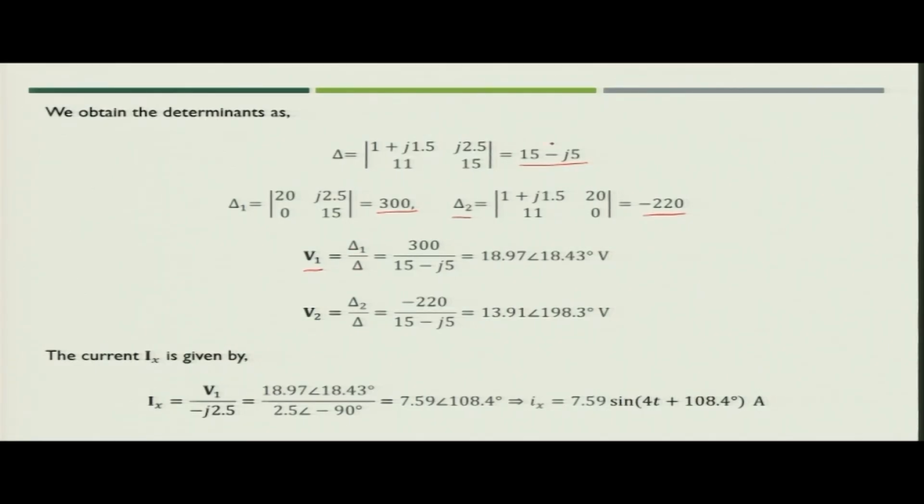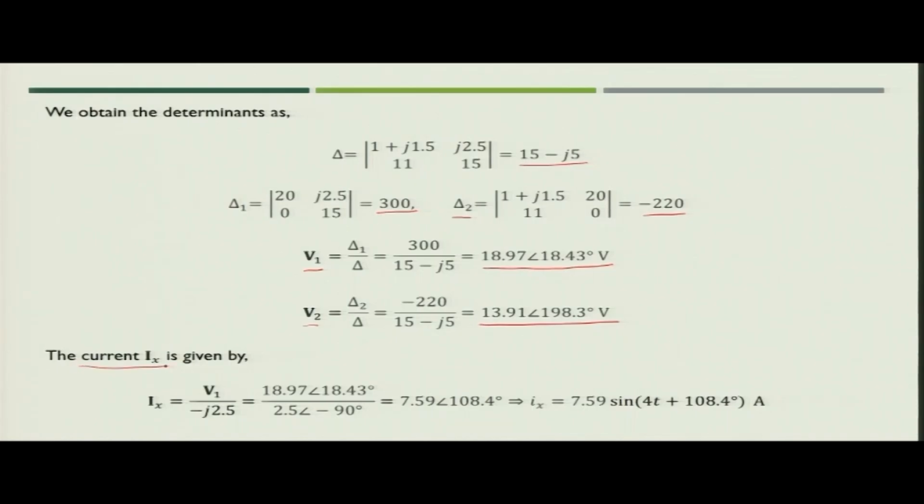Now, the value of V 1 you can simply write as delta 1 by delta. So, using the value of delta which we calculated, V 1 you will get as 18.97 angle 18.43 degree. So, the quantity will be in volts. Similarly, in case of V 2, you will find the value of V 2 as delta 2 divided by delta, and when you simplify, you will get the value as 13.91 angle 198.3 degree volts.